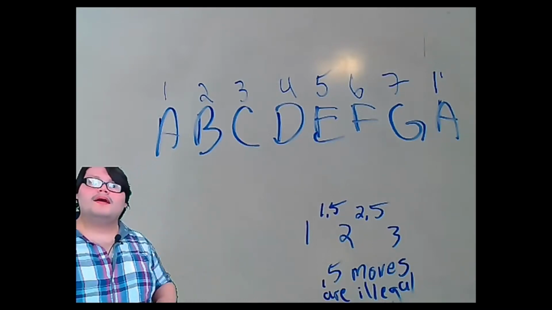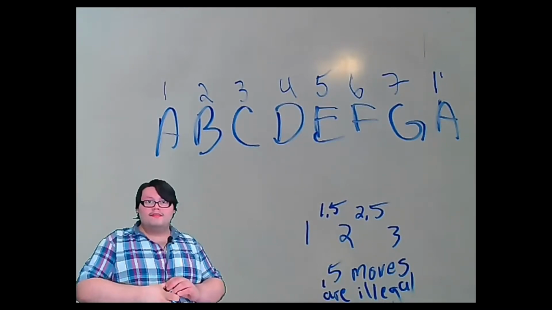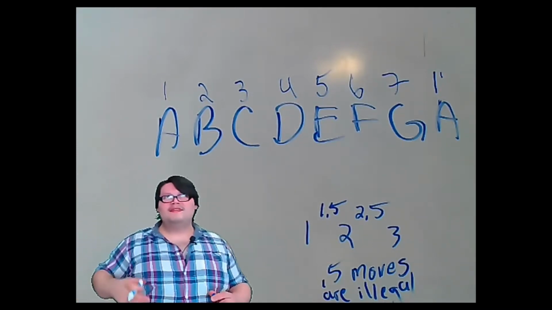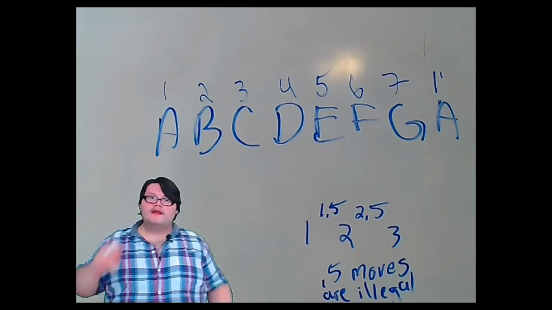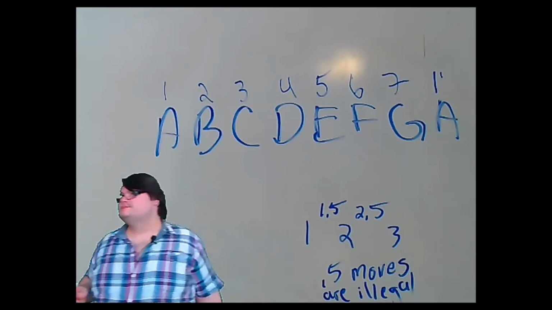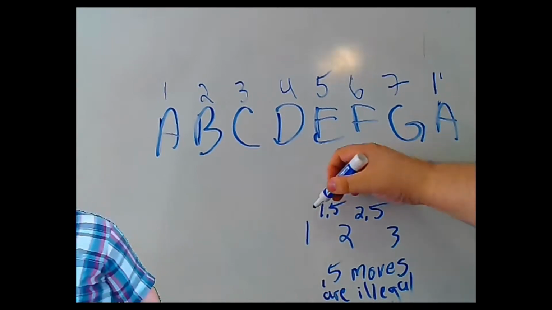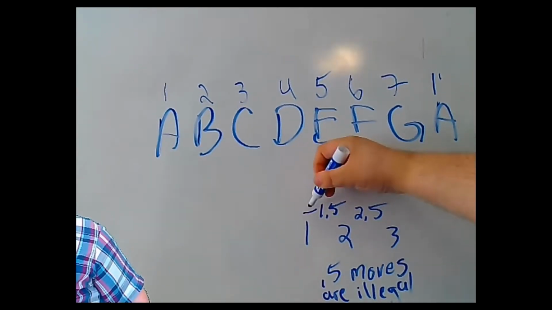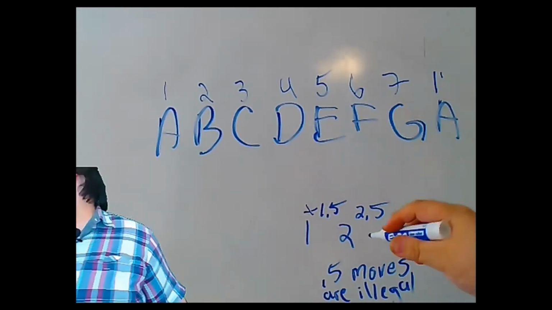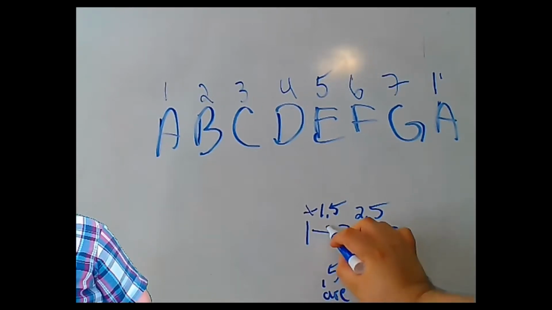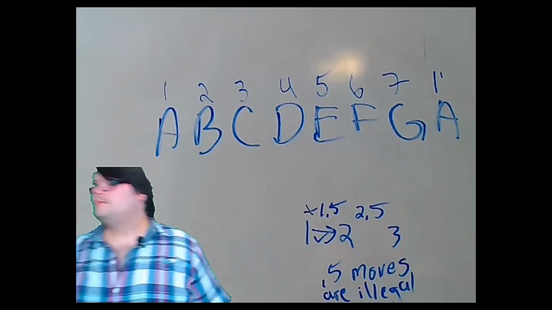The least number that it could jump is 1 number. So from here to here cannot be done. Here to here is correct.